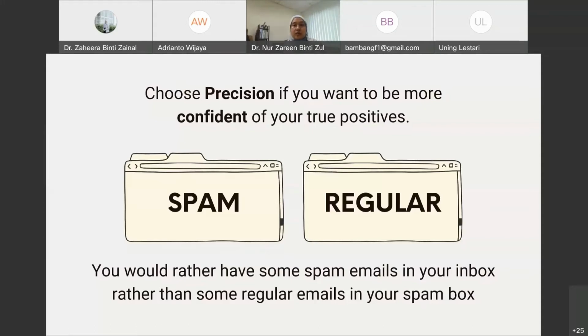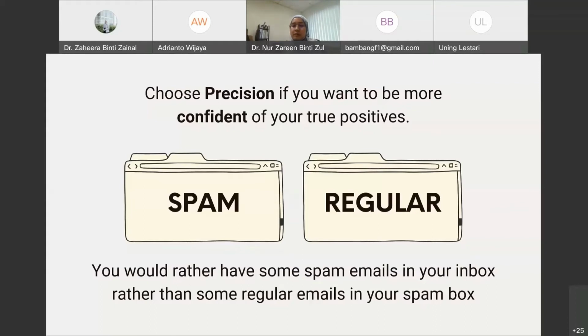So you just put it, but it's actually false. It's a false positive. So if this happens, then a lot of important emails, whatever emails that the user is waiting for, would end up in the spam box. Of course, it is not good. So when you're doing spam filtering, precision would be much more important.